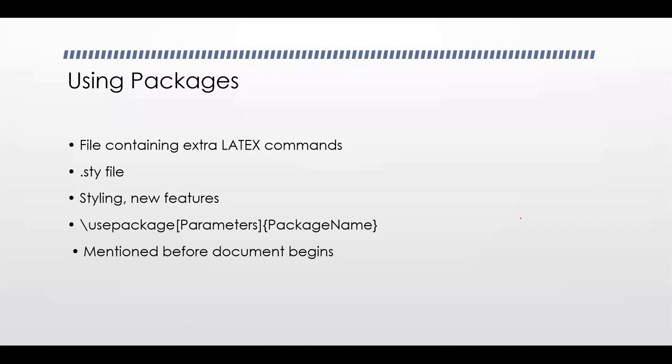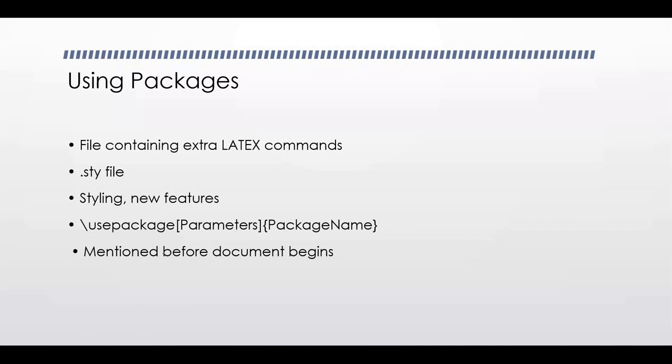There are several packages that can be used in a document for different purposes. Like in the previous slide, I showed you how to add paper size or margins. We will use the package geometry, and for adding images, we will use the package graphics.